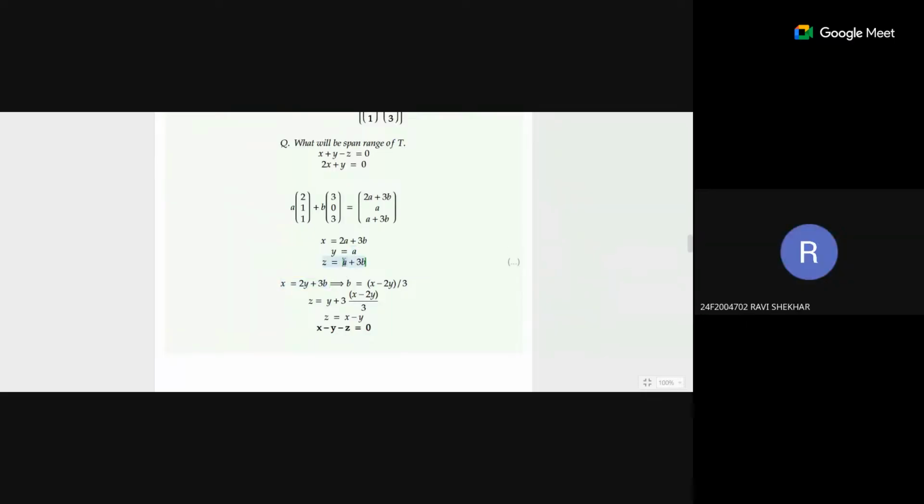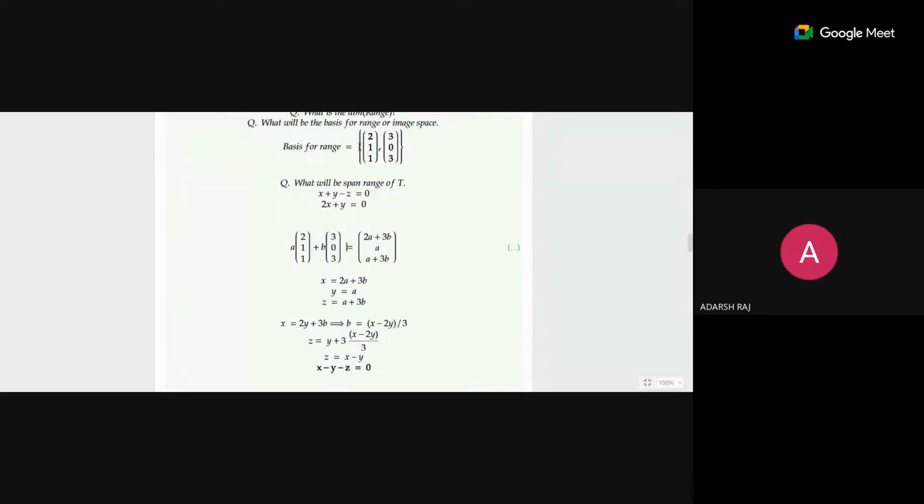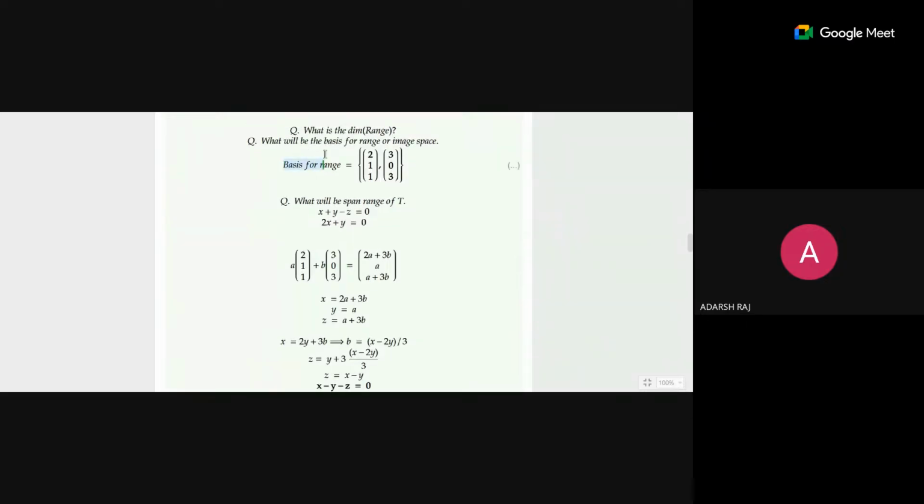This is the basis for the range of T, and the question is asking what will be the span of this T?